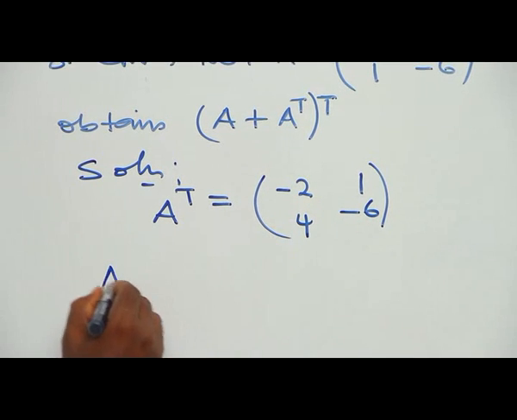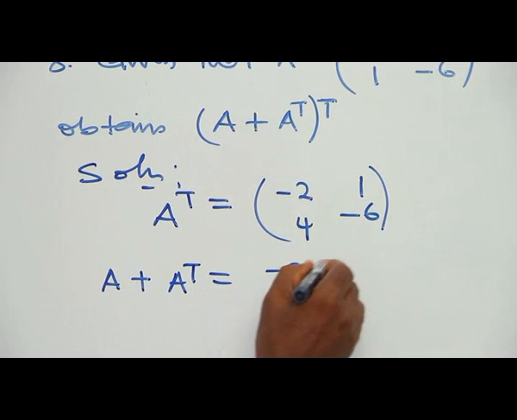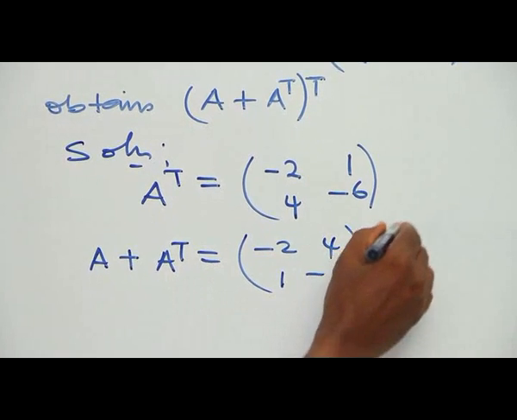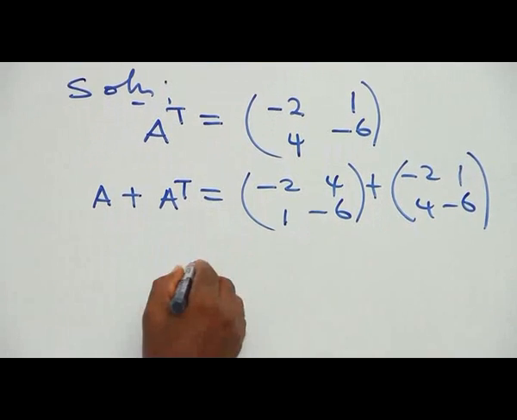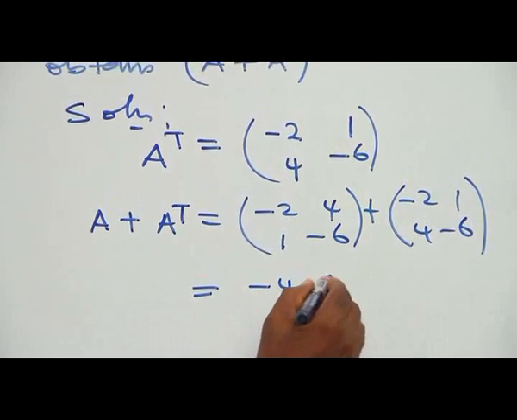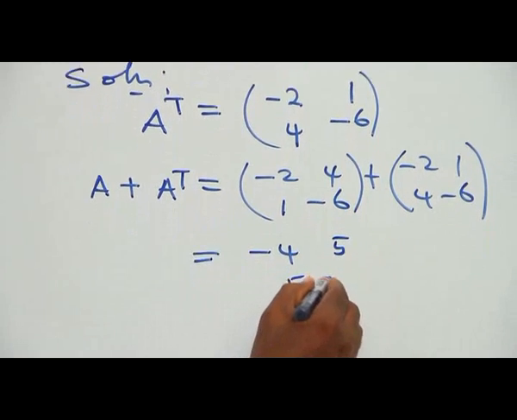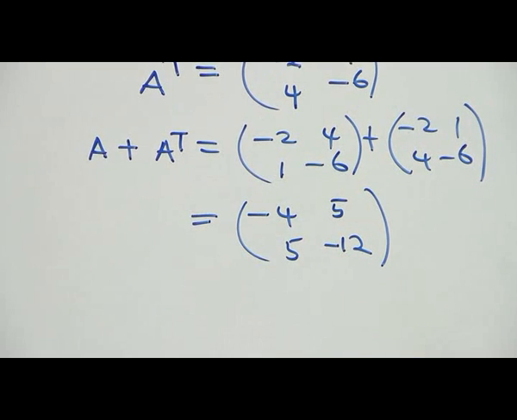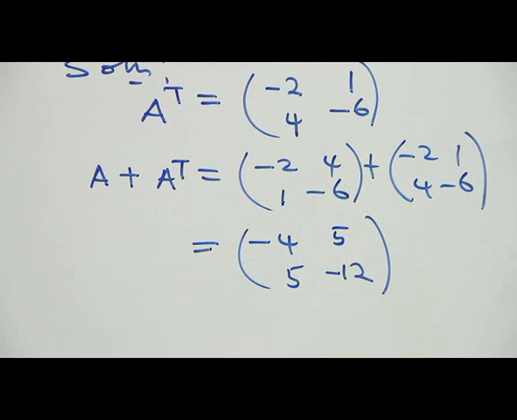Then we have to add the matrix A to its transpose, and that will give us minus 2, 4, 1, minus 6 should be added to minus 2, 1, and 4, minus 6. The result of this, component by component, is minus 4, and then that is 5, and here is 5, and here is minus 12. This is the sum of the matrix A and the transpose of that matrix.